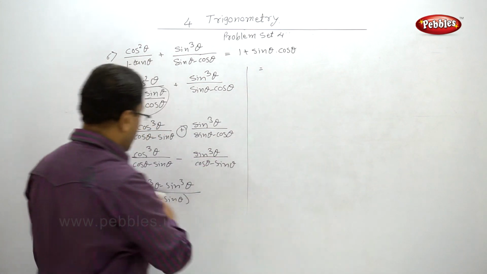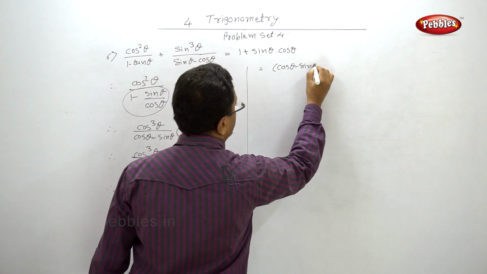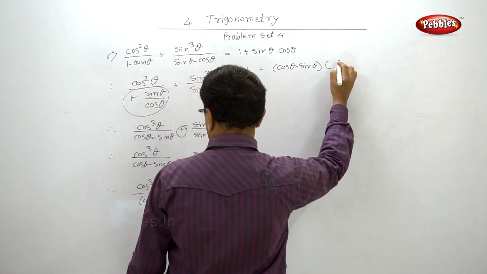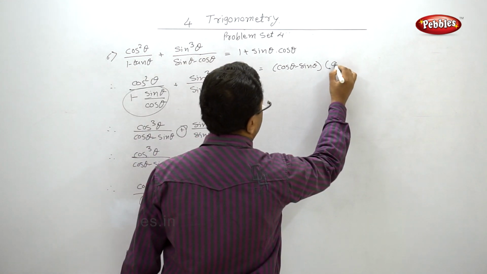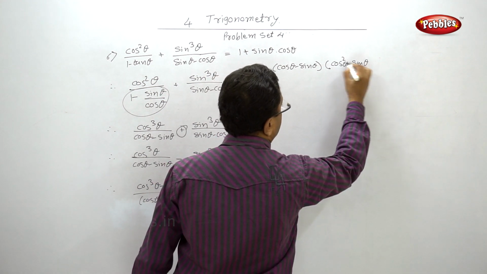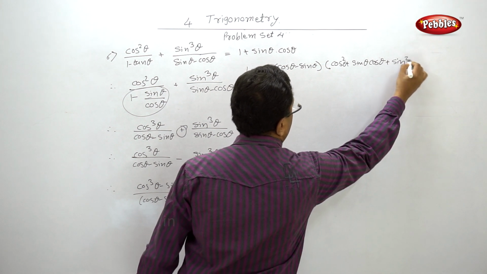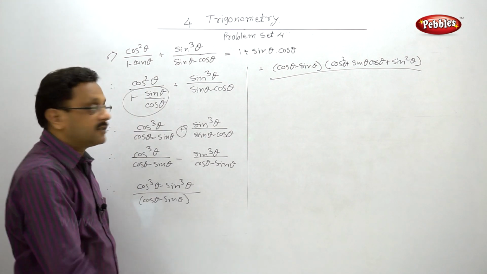So this I have cos theta minus sin theta into cos square theta plus sin theta cos theta plus sin square theta, upon cos theta minus sin theta.